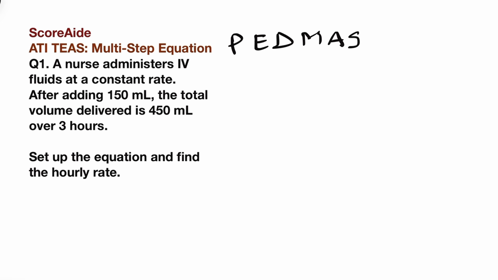So let's look at the first question. A nurse administers IV fluids at a constant rate after adding 150 milliliters. The total volume delivered is 450 milliliters over 3 hours. Set up the equation and find the hourly rate.